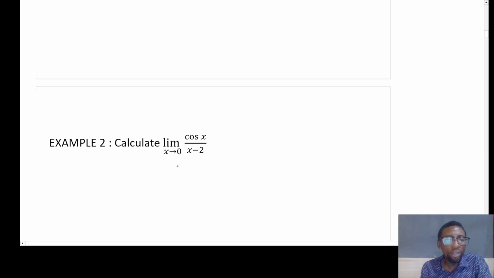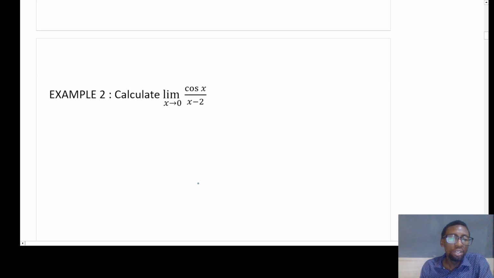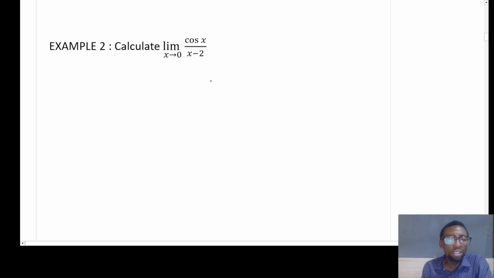So when your function is already in simplified form, what you do at that point is substitute the value of x directly. Anywhere I see x, I put 0, because x tends to 0. So this will give me cos 0 over 0 minus 2.